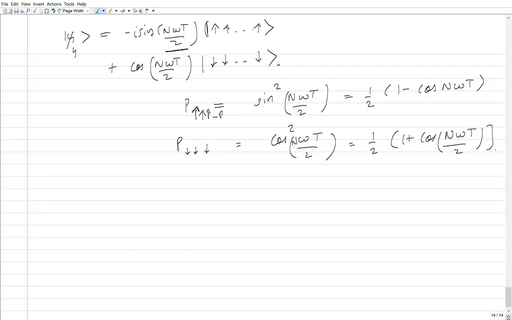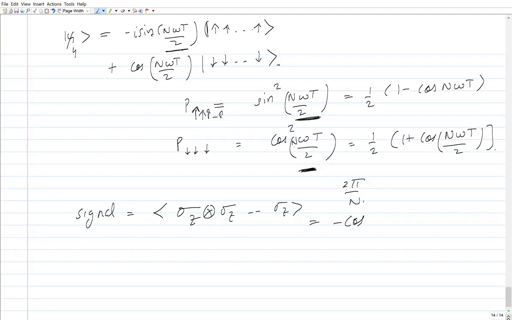Okay, so very interesting. You can already see that the fringe pattern I get has a period of 2 pi by n. So effectively, this measurement protocol is finer by a scaling factor of n, and that's very essential, and that's the whole point of this thing. We can do our statistics and estimation process: the expected value of the collective sigma z variable is going to be minus cosine n omega t.